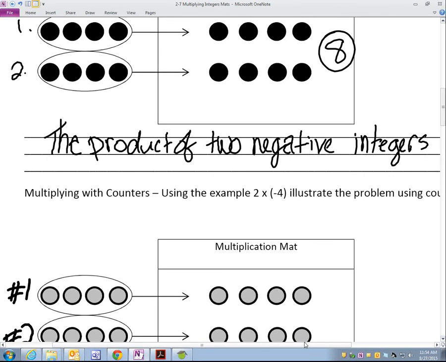I'm sorry, those aren't negative. Positive. Good thing you're using pencil, right? Because you can erase that.